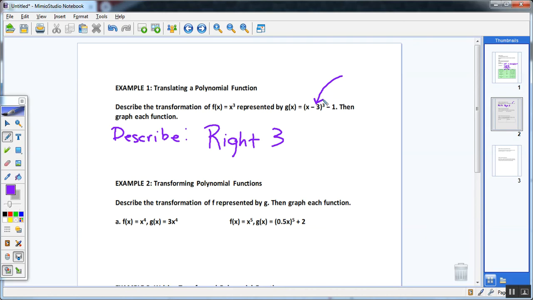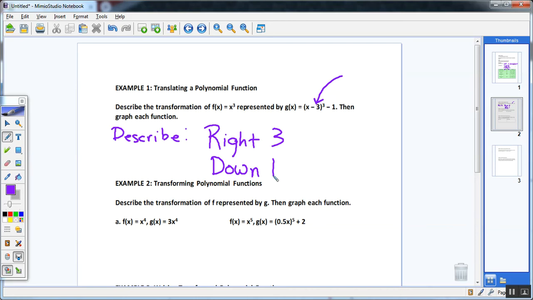Then how about the minus 1 at the end? What movement's that going to take on? Down 1. Down 1, yep. The effect that these parameters have on the parent function x to the third is simply going to move it right 3 and down 1, okay?